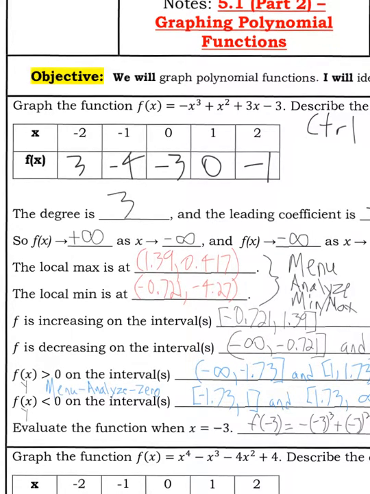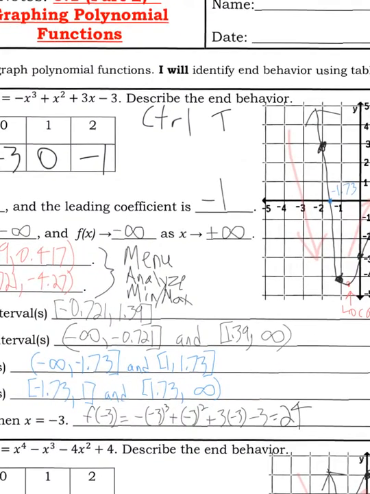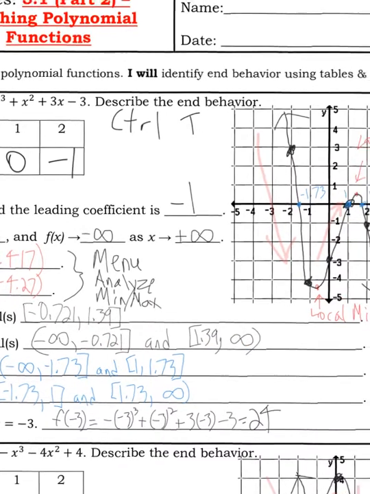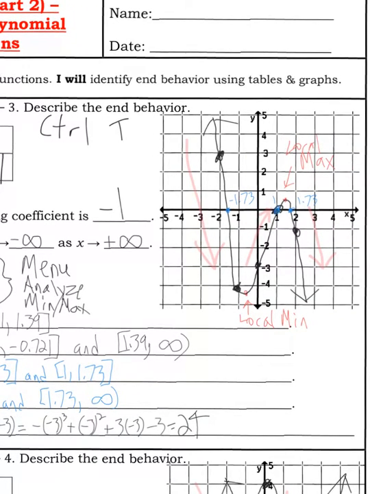How did I get that it's decreasing from negative infinity to negative 0.721 and from 1.39 to positive infinity? Well, what's happening is it's coming from the left side. It's not coming from the top or the bottom, it's coming from the left because we're reading this from left to right.